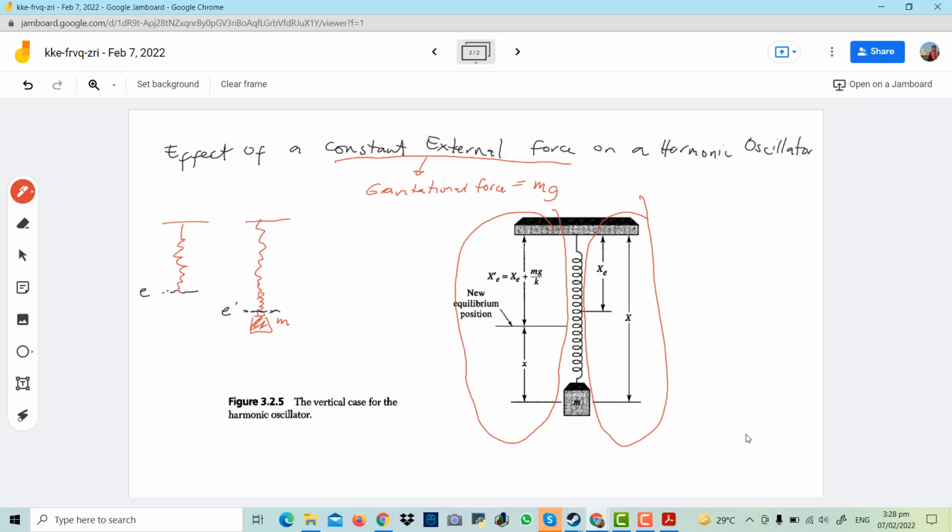Once you attach the mass to the spring, it stretches a little, and the new distance, the new x, we call that the new equilibrium position. So this depends on your original equilibrium position x e, before you placed the mass, okay?